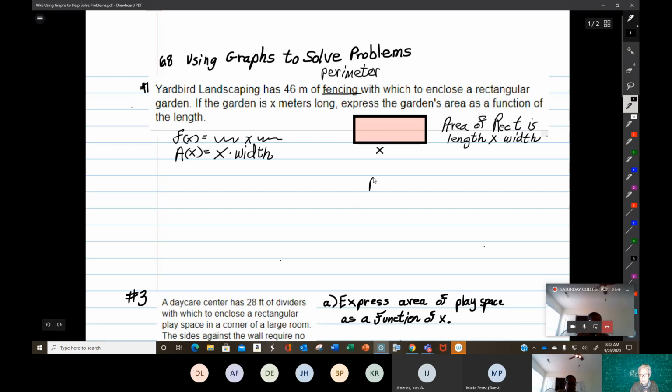The formula for perimeter is 2 times the length plus 2 times the width. Now, we know that the perimeter, the fencing, is 46 meters long.